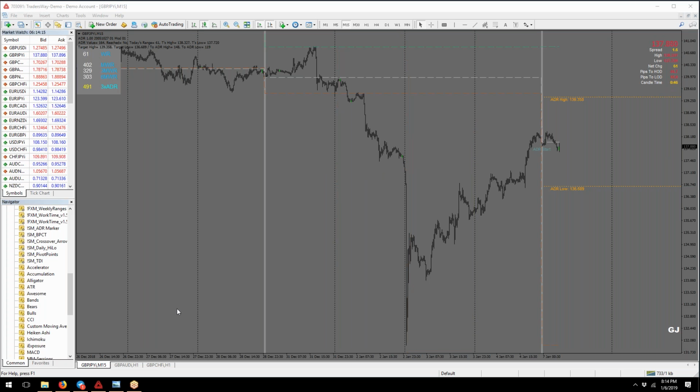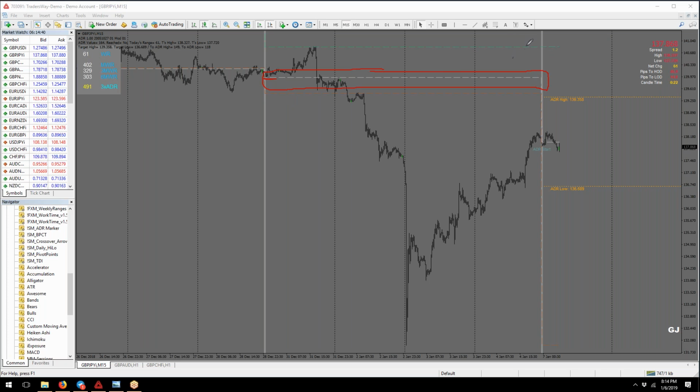You guys have been with me for a while, so you already know you have your weekly indicator that separates each week. You have your period separators that separate each day every 24 hours. This dotted line right here is where price opens. It's just telling you that price opened here on Sunday.